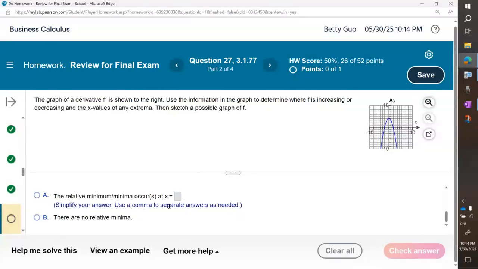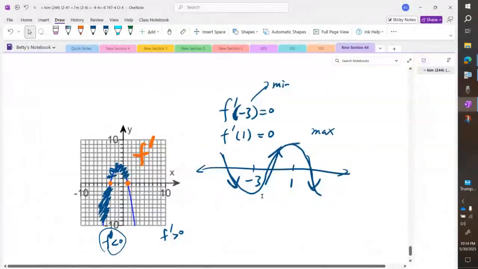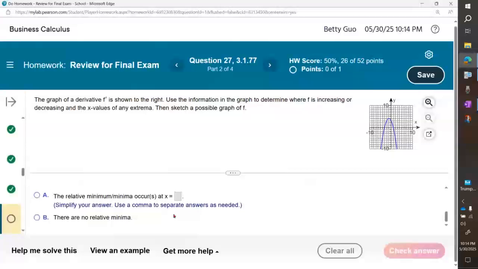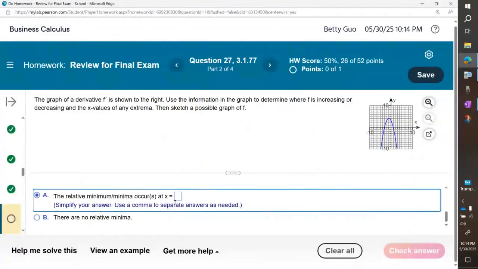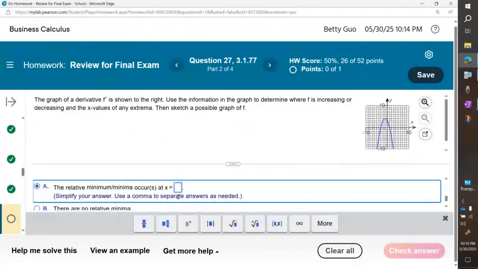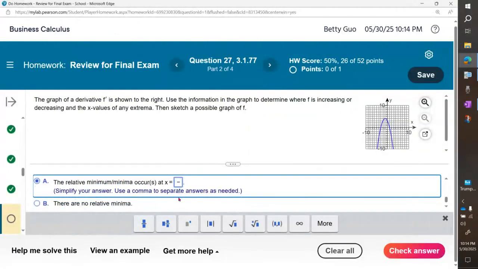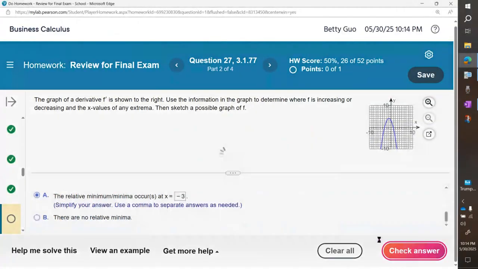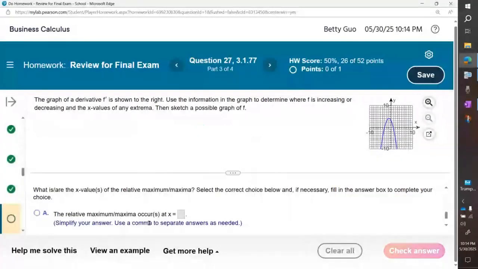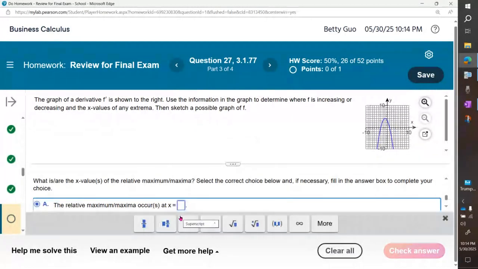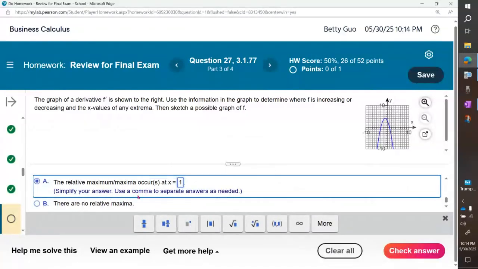The relative minimum, as we have analyzed earlier, occurs at -3. And the relative maximum occurs at 1. Simplify your answer. Use a comma to separate the answers as needed.